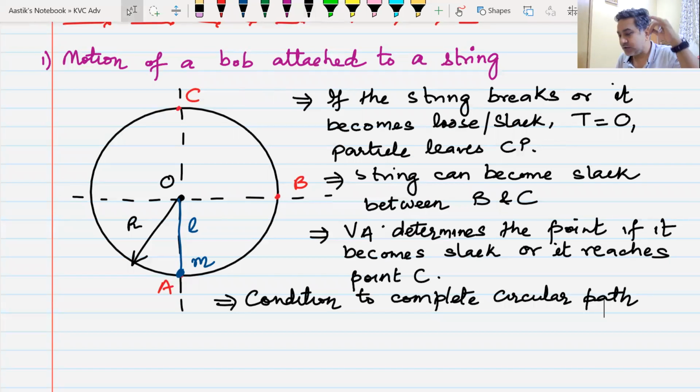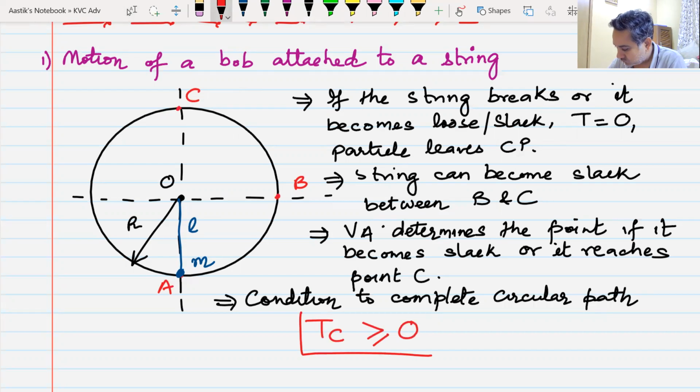The condition to complete the circular path is: tension at point C should be greater than or just equal to 0.